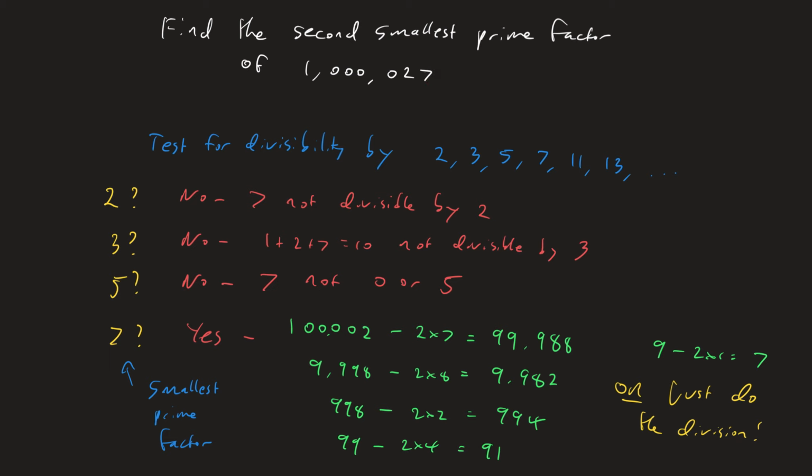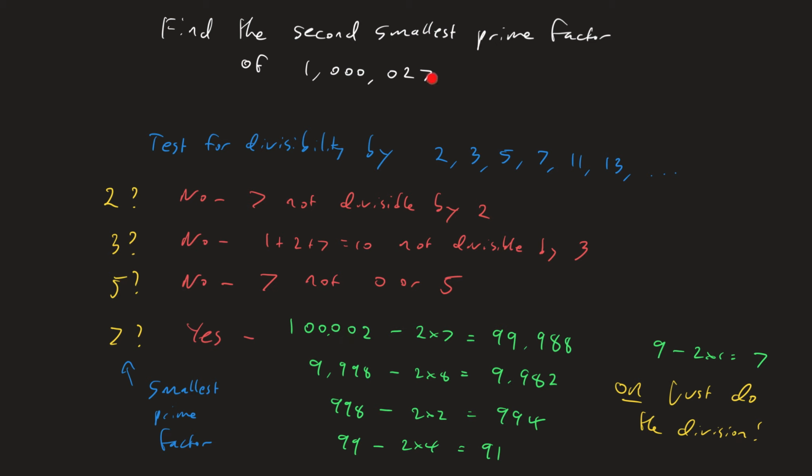One way to test for divisibility by 7 is using the following rule. It's actually better suited for smaller numbers, and at the end we'll present a faster way. We take the number we want to test and we split it into two parts. First we cross off the last digit and write down the remaining digits to get the number 100,002.